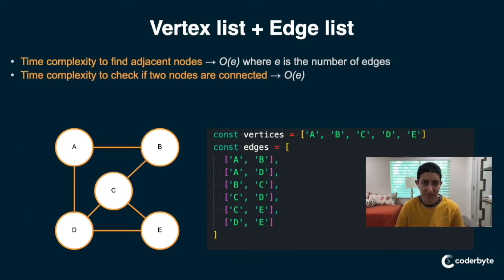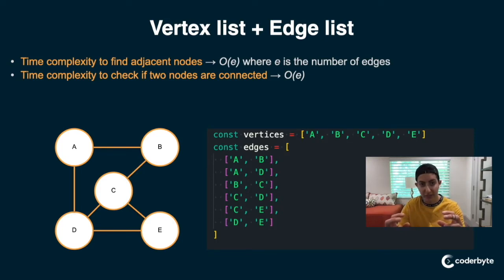Another common use case or method that someone might ask you to write when dealing with graphs is, tell me if these 2 nodes are connected. So given 2 nodes, tell me, is there a connection between them? This is, again, a big O of E, where E is the number of edges, because you'd always have to check every single edge in the edges list to check, are my 2 nodes connected?